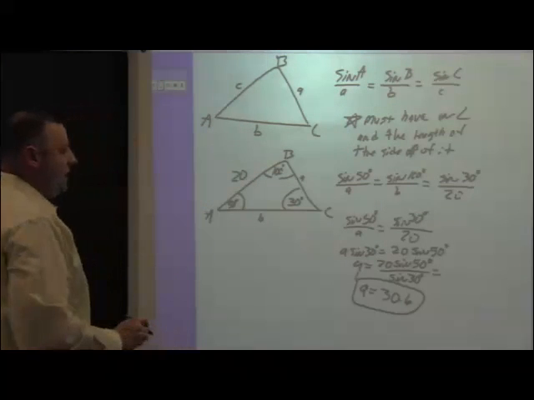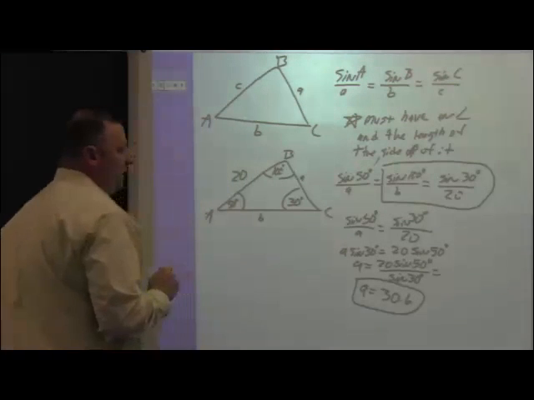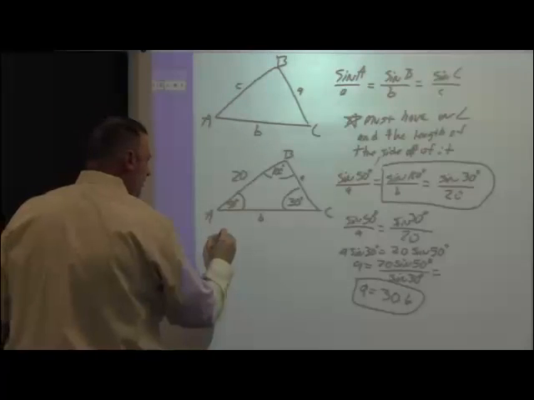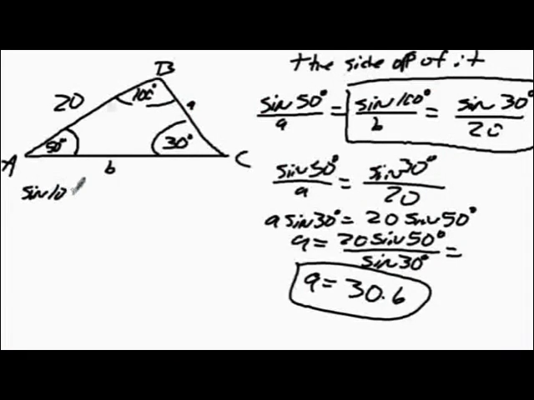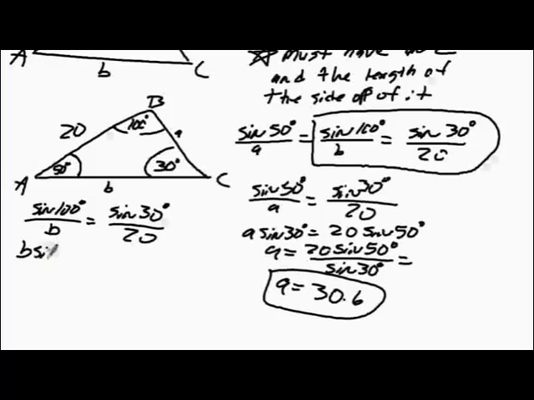Now let's go ahead and solve for b. We're going to take the ratio sine of 100 over b is equal to sine of 30 over 20. So I'm going to write that over here on the side. Sine 100 degrees over b is equal to sine of 30 degrees over 20. Cross multiply to solve for b. So you're going to get b times sine of 30 degrees is equal to 20 times the sine of 100 degrees.